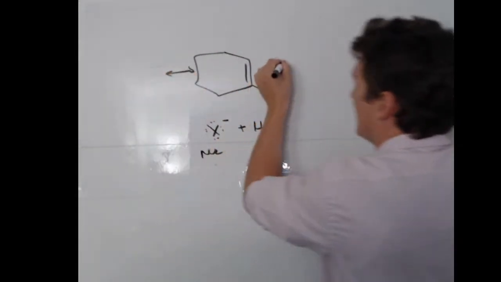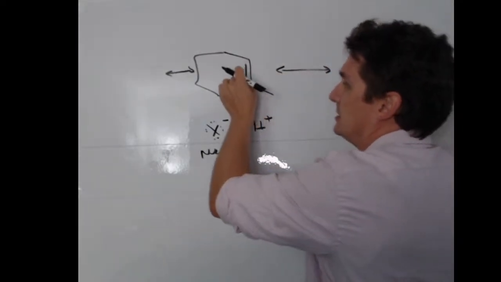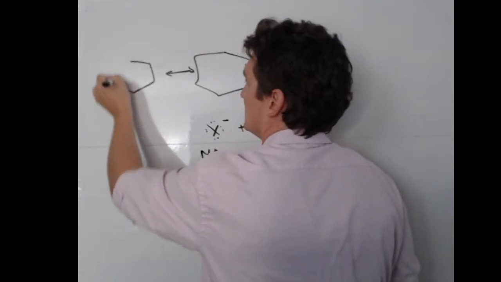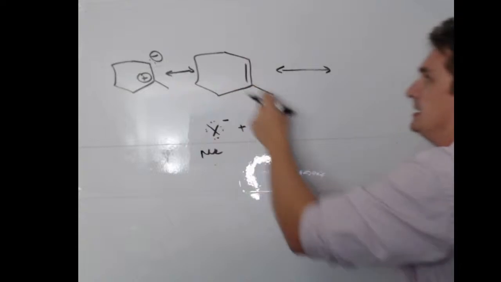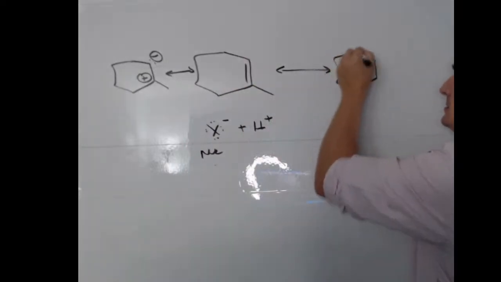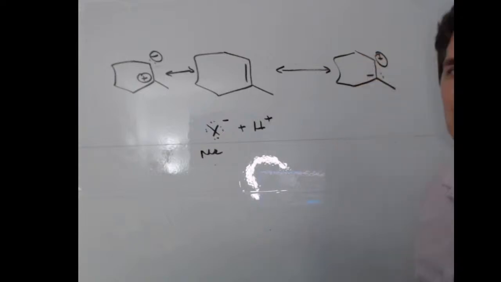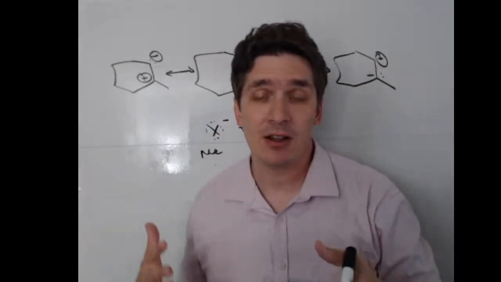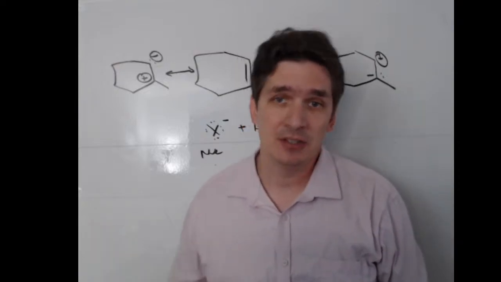But in both cases, I'm going to go through a carbocation intermediate. So I can either knock this double bond up, generate this structure, or I can knock it down, generate this structure. So I have a carbocation and I have a carbanion, a negative carbon. Now, this is not really what happens, but it's a good way of illustrating it.